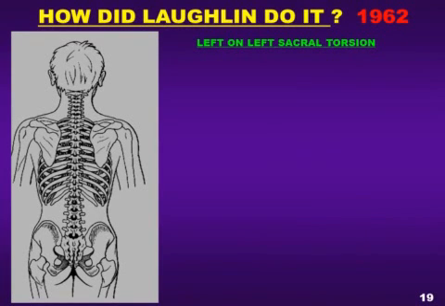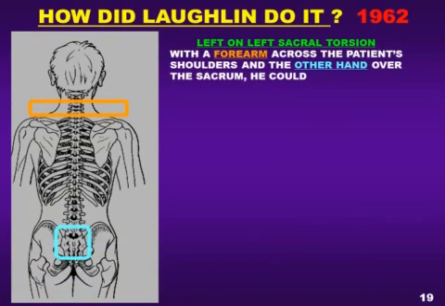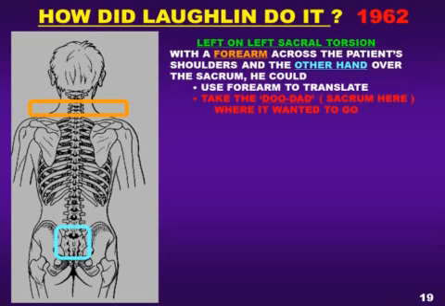Now, here's the problem when I was learning this from Laughlin. Like I said, he couldn't verbalize what he was doing. He would put one arm across the shoulder so that his left elbow was on the left shoulder, his left hand was on the right shoulder. Or he could reverse it and use the other arm. The other hand would be placed over the sacrum so that the palm of his hand was right over the sacrum.